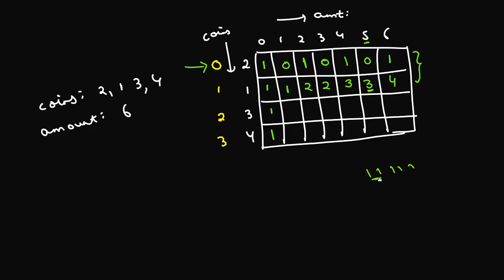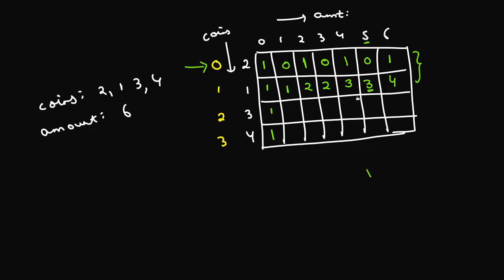Another is I combine two ones to make a 2, and this. And another is I combine these two ones to make a 2, and this. So there are three ways in which I can make an amount of 5 using the coins of denomination 2 and 1. And this is what we also have at this particular place.